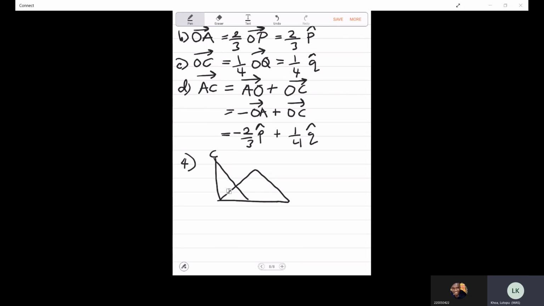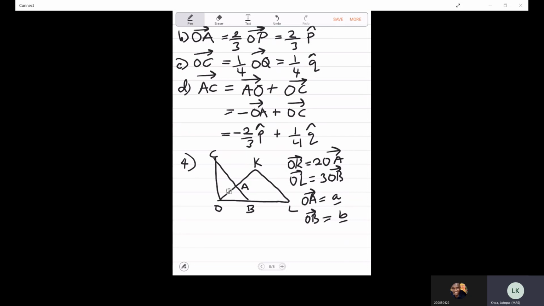This is C, this is O, this is B, this is A here, we have K there, and then we have L. Okay, and we are told that OK is equal to 2 OA, and OL, this is 3 OB, and OA, this is A, and OB, this is little b. Okay, so this is what we are given in our diagram.